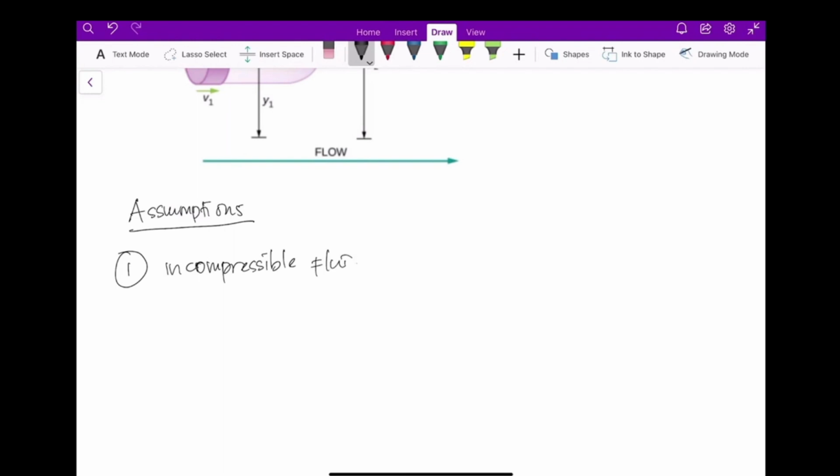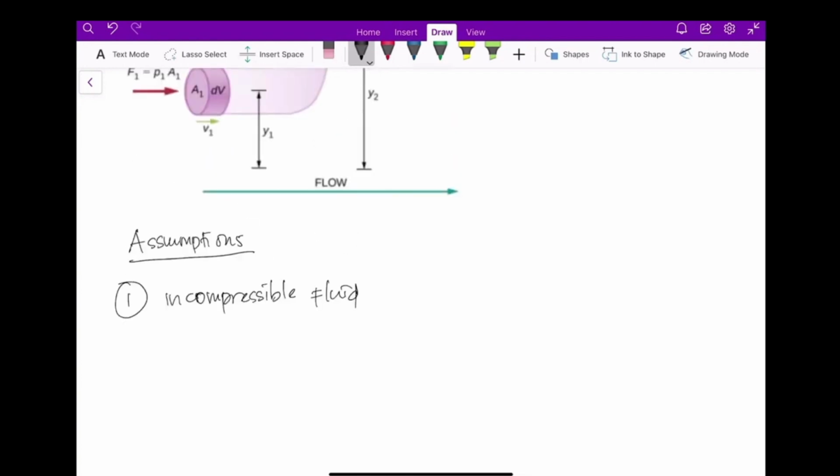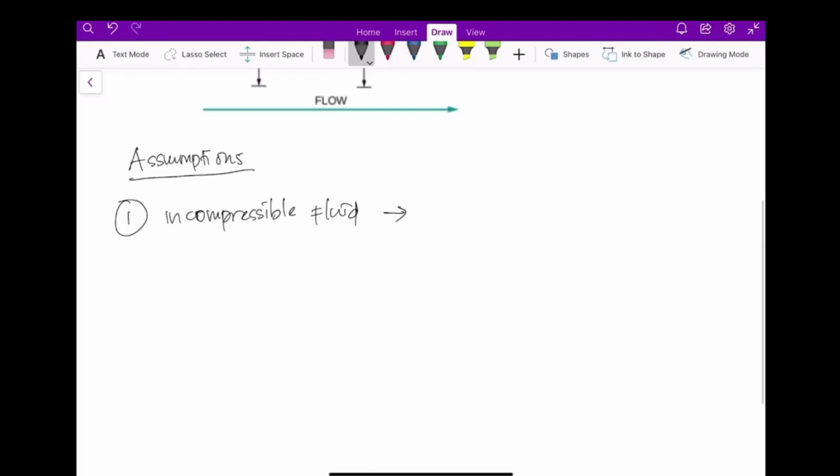It means that you cannot use the Bernoulli equation to calculate the pressure difference or head or velocity or any other properties that you are asked. You need to find a different approach to solve your problem. So the first important assumption must be incompressible fluid. This is very important.